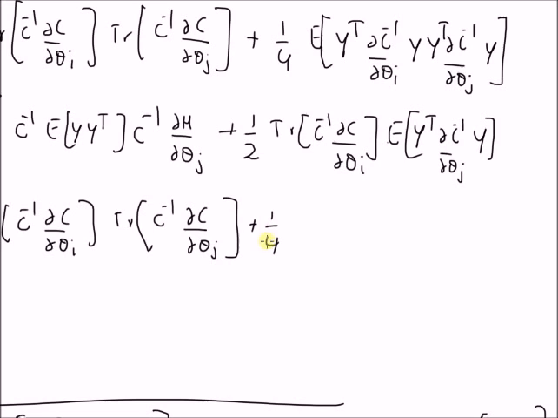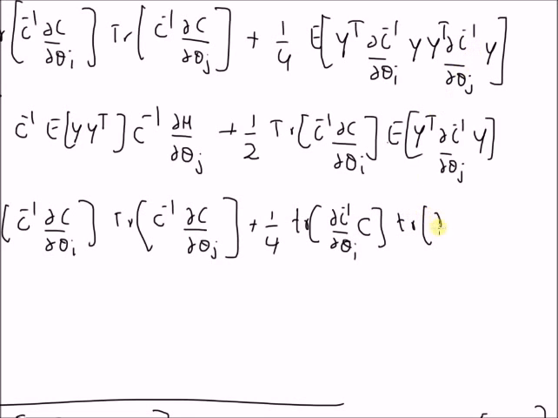covariance matrix. So the first element is trace of the derivative of inverse of covariance matrix multiplied by C, which is again C, multiplied by trace of, again B is also the derivative of inverse of covariance matrix with theta j.